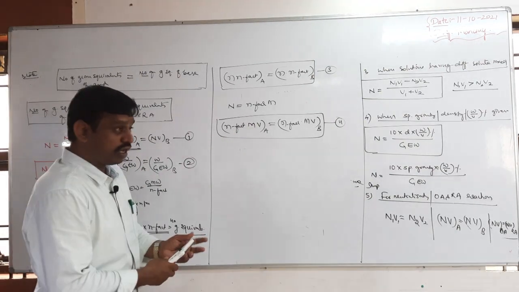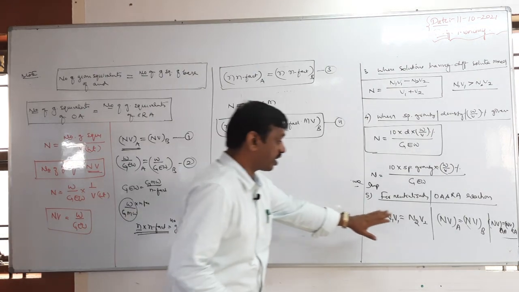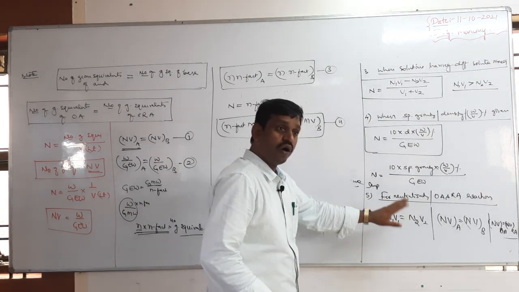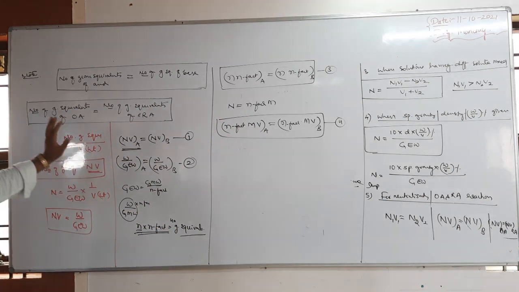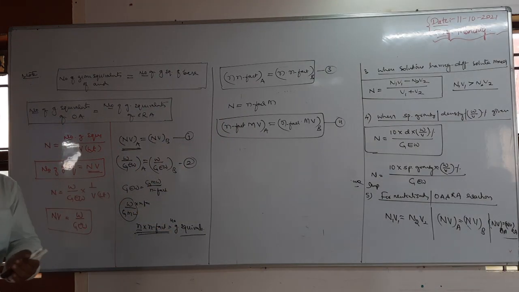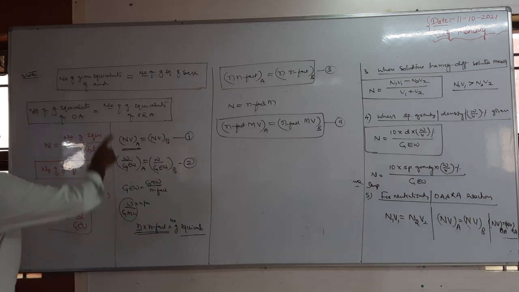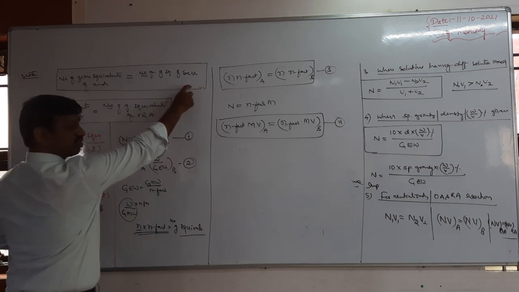Why is this formula used? The reason is that when acid reacts with base, or oxidizing agent reacts with reducing agent, the number of gram equivalents of acid is always equal to the number of gram equivalents of base.